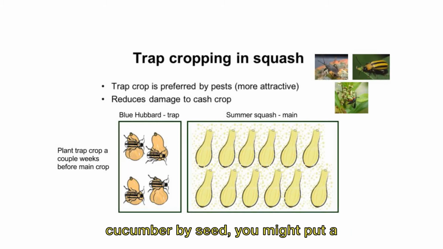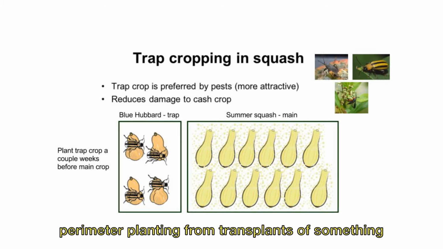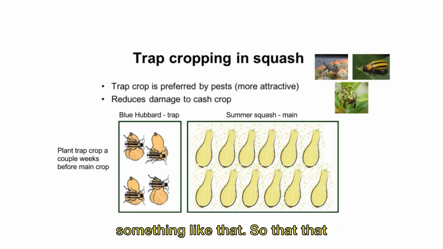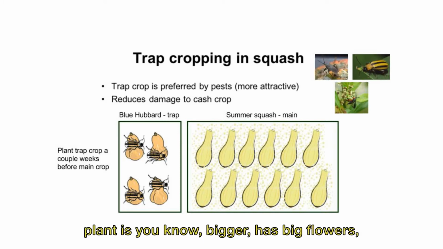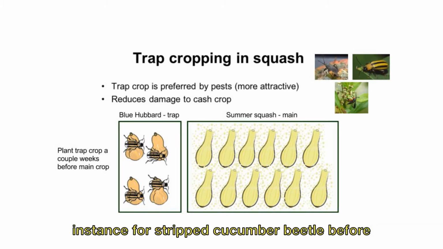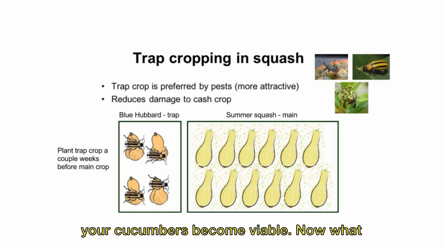So say you're planting cucumber by seed, you might put a perimeter planting from transplants of something like Blue Hubbard or Waltham butternut. That plant is bigger, has big flowers, and is more attractive to, for instance, striped cucumber beetle before your cucumbers become viable.